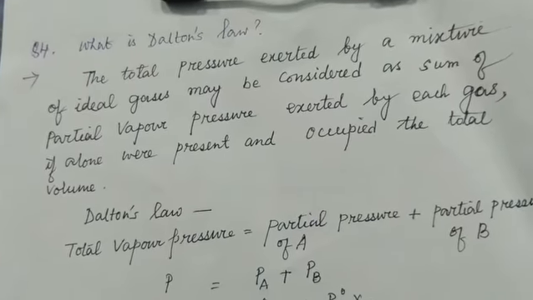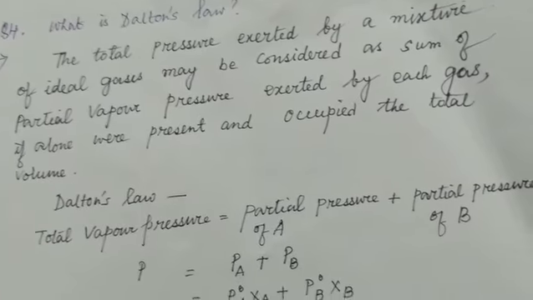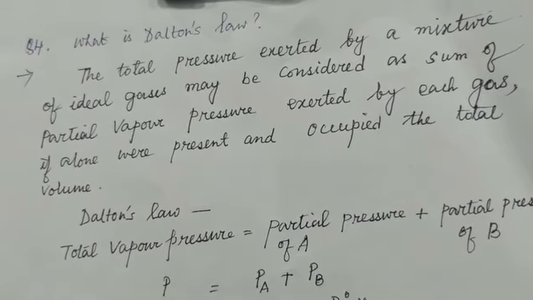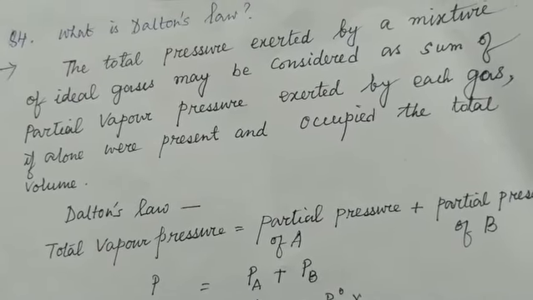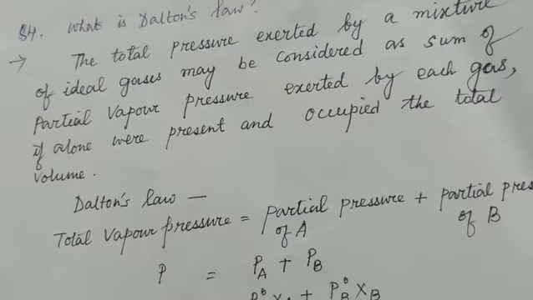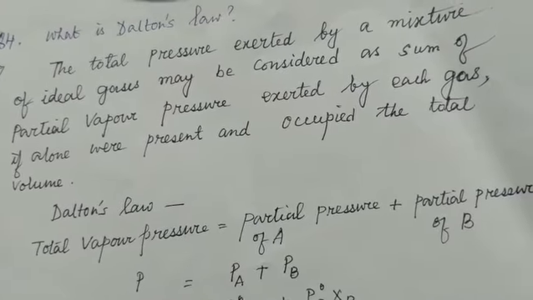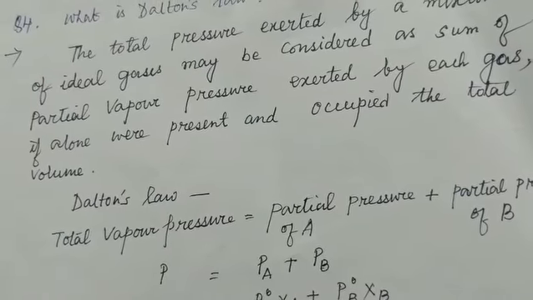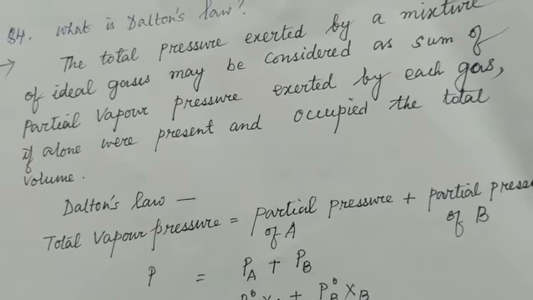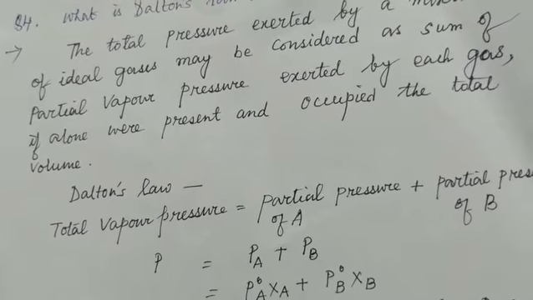Number 4 question, what is Dalton's law? The total pressure exerted by a mixture of ideal gases may be considered as a sum of the partial vapor pressures exerted by each gas, if alone were present and occupied the total volume.